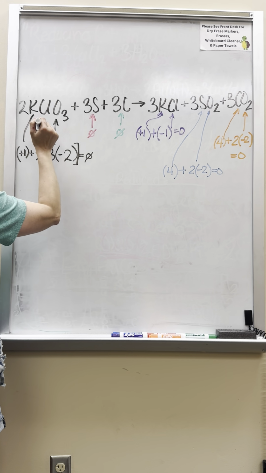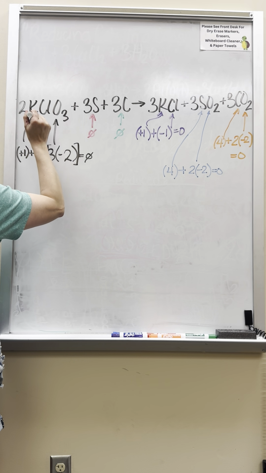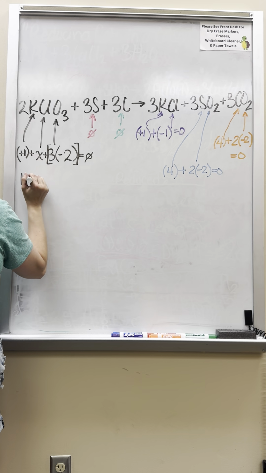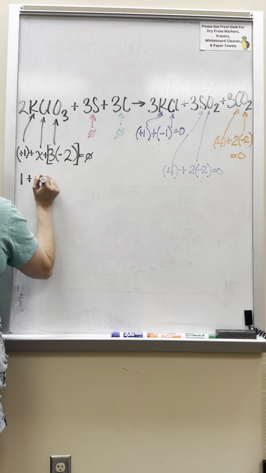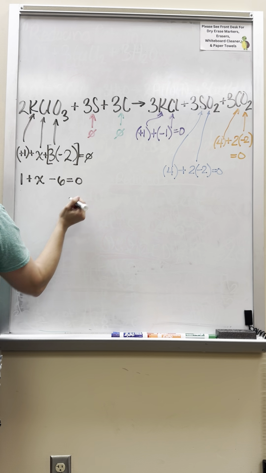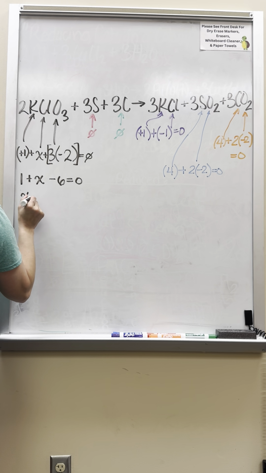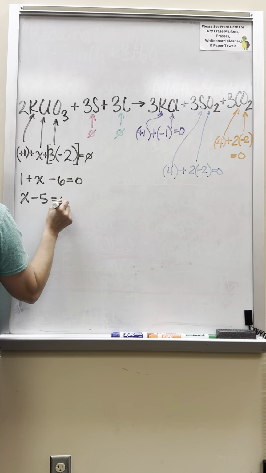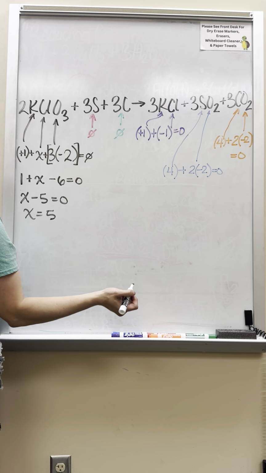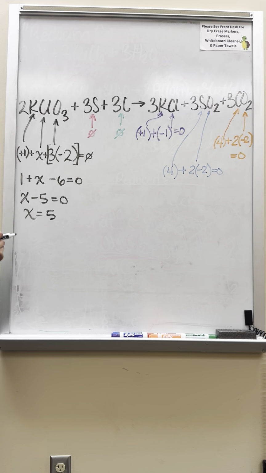Okay, so what's that Cl? Well, 1 plus x minus 6 equals 0. X minus 5 equals 0. X equals 5. All right, so you can tell that chlorine here in this case is pretty positive.